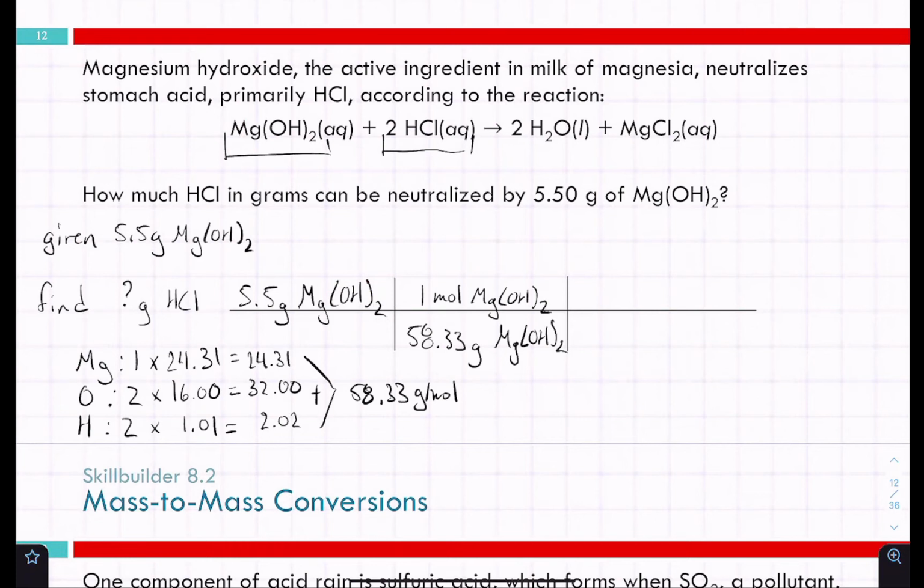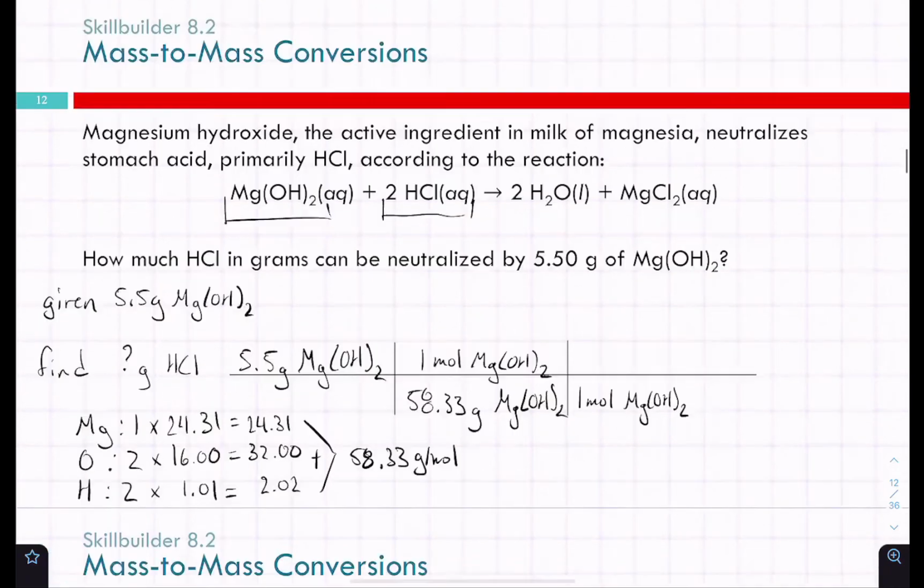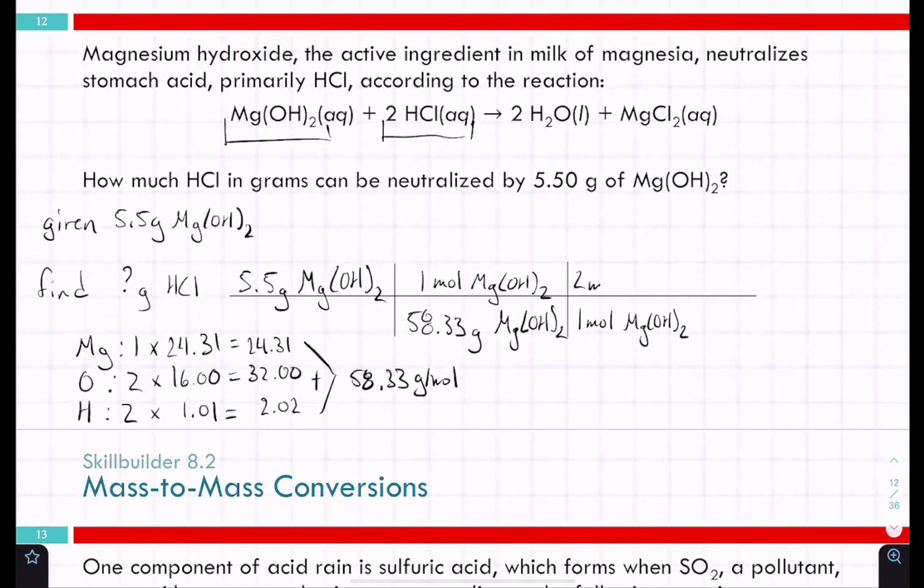Got to remember, if it helps and you get a chemical equation, you can write the ones in. That helps you remember that there is a 1 there. So 1 mole of magnesium hydroxide will react with 2 moles of hydrochloric acid.